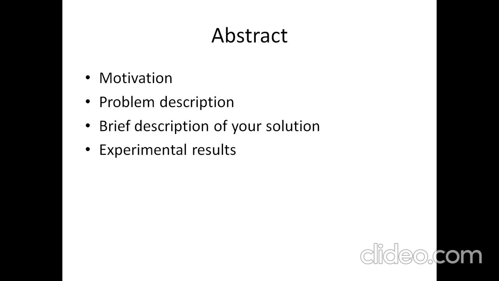And the first one is motivation, problem description, brief description of your solution, experimental result. Number 1 is motivation. What is your motivation? You should be clear enough about your motivation. The other one is problem description. Describe your problem.